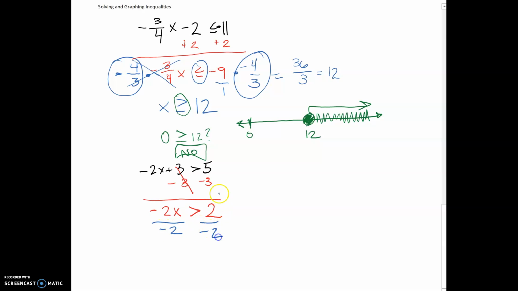And just like the previous problem, when we divide by a negative number, we must flip the inequality. So x is less than 2 divided by negative 2, negative 1. That is the answer that you are looking for on that last one.